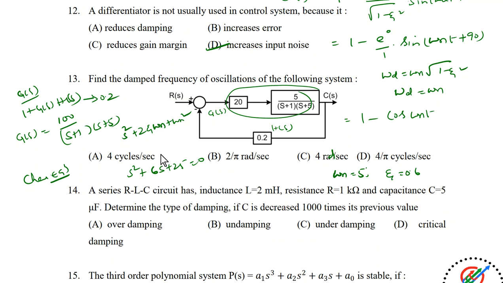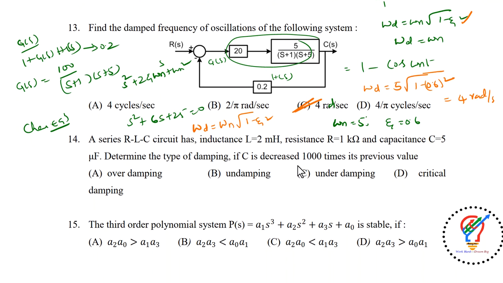No need of worrying about it. After that, what we need to find is omega d. Omega d is nothing but omega n into square root of 1 minus zeta square, the same formula. Omega d is equal to 5 square root of 1 minus 0.6 whole square. If we simplify this, we get the answer as 4 radians per second. So the answer is C.